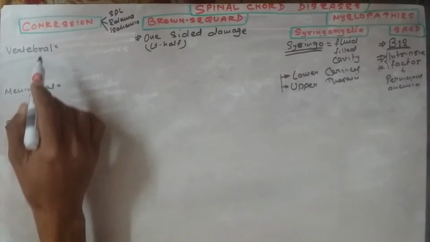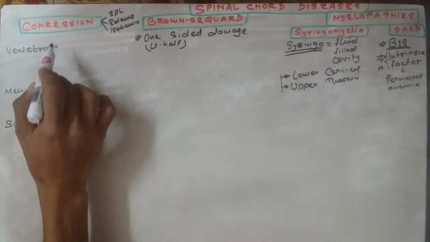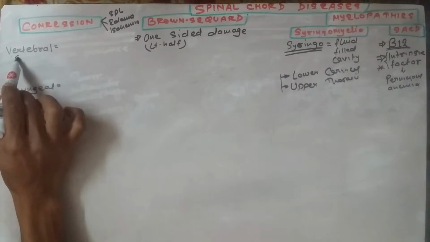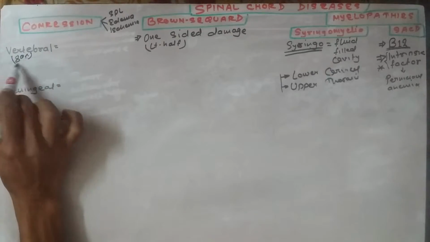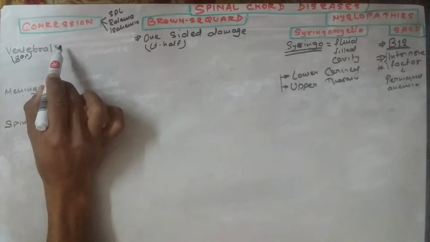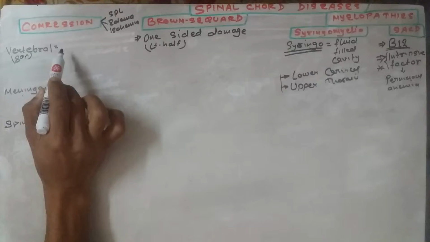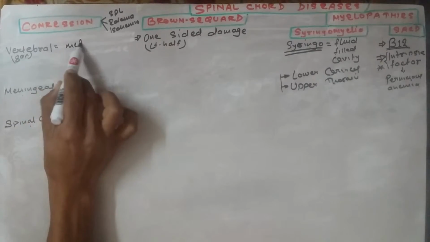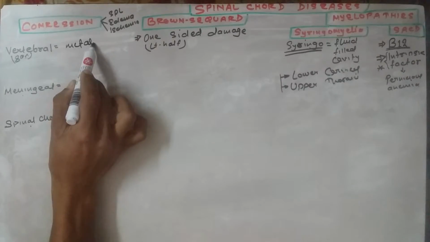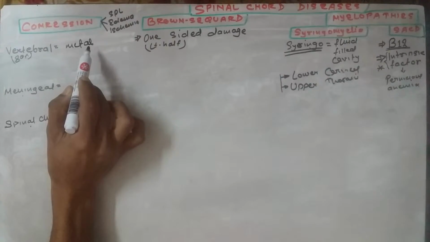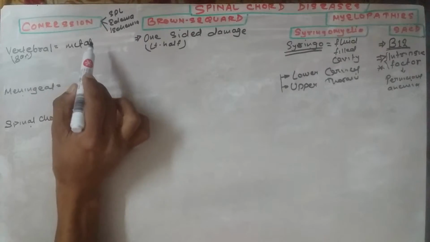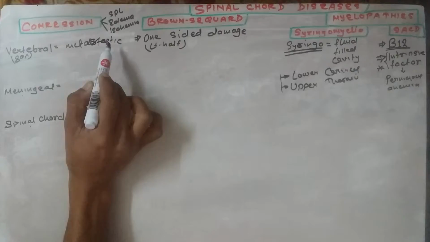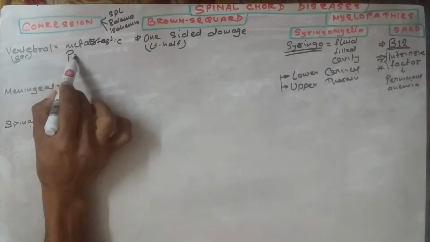Now we will start with vertebral spinal cord compression. The first and most common origin, about 80% of the cause, originates from the vertebra. The causes behind the vertebral origin can be metastasis from the bone, or metastasis from the breast, prostate, or bronchus, and prolapse of a disc.